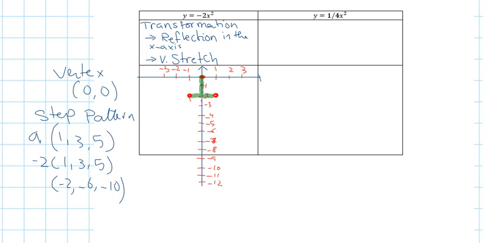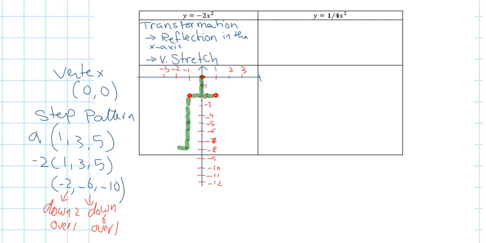So from my next point, I'm going to count 1, 2, 3, 4, 5, 6 down over 1. That's going to take me to this point, which is -8, 2.